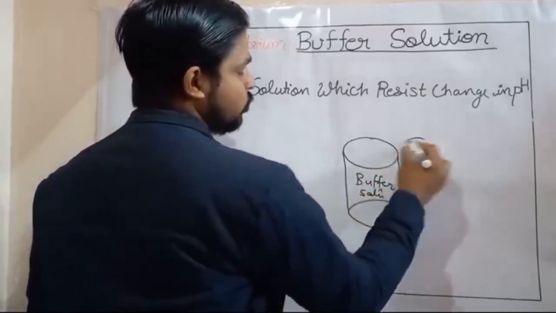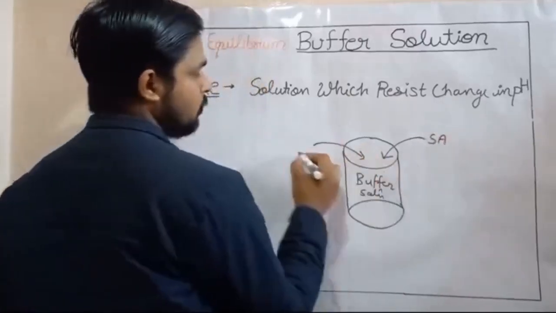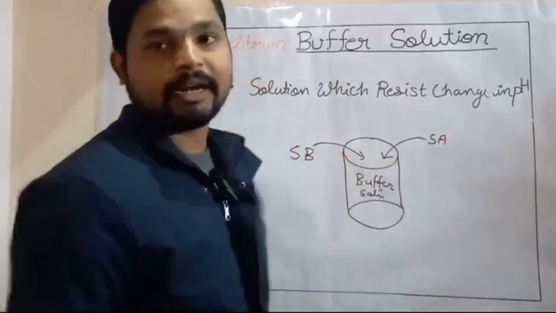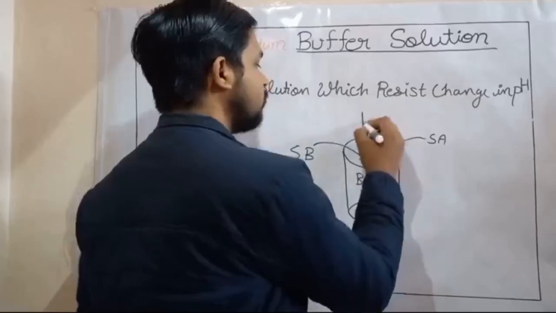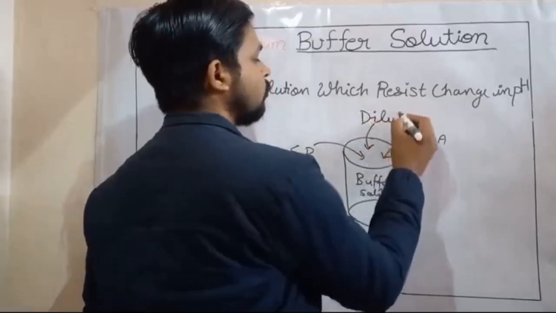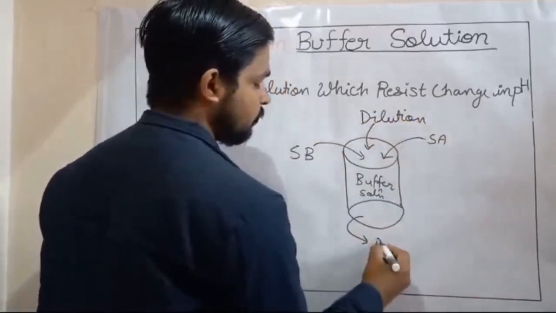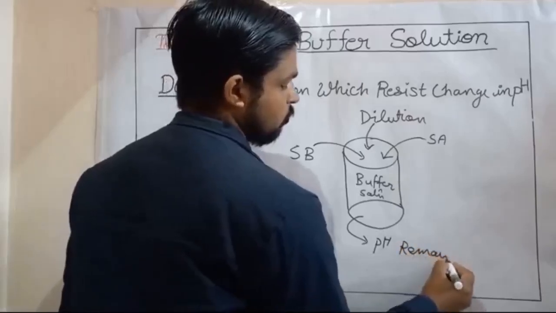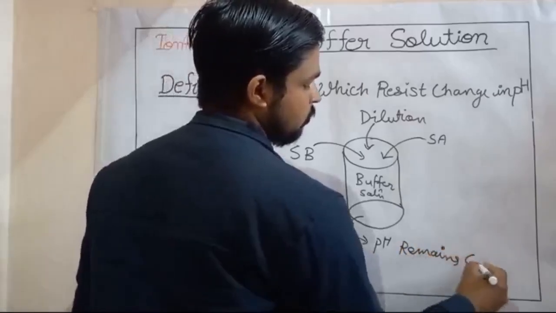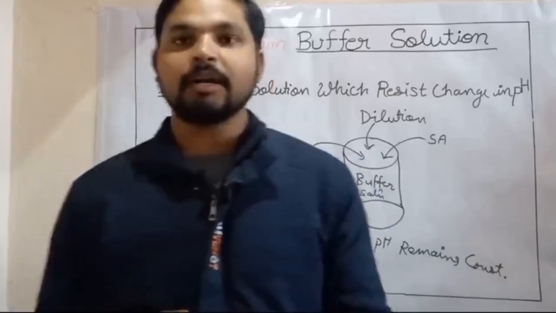If we add strong acid and strong base in a small amount, and on dilution, the pH remains constant. So it is necessary that we know what buffer solutions are.